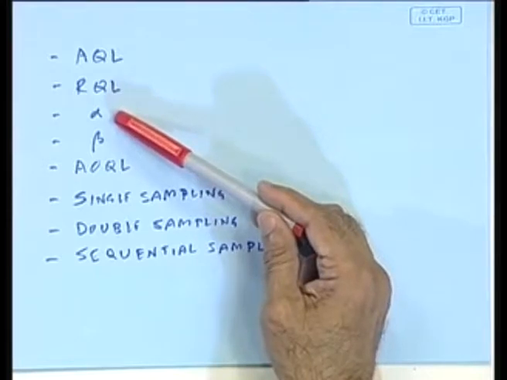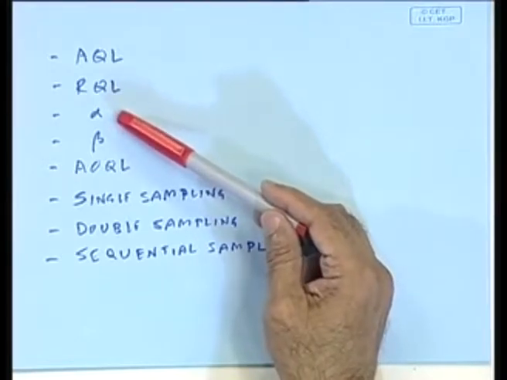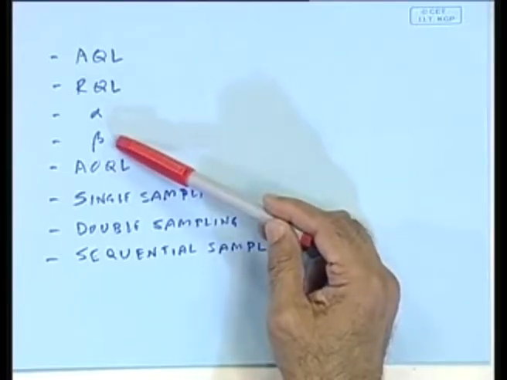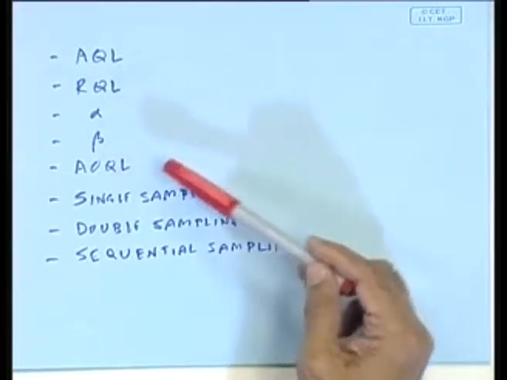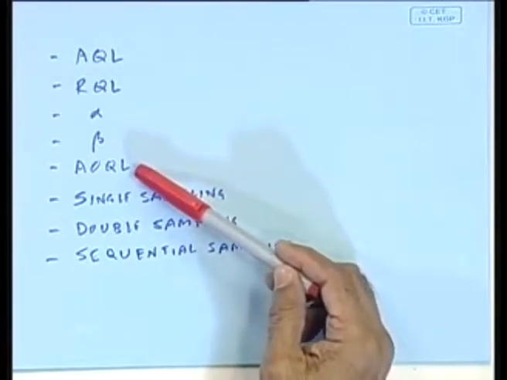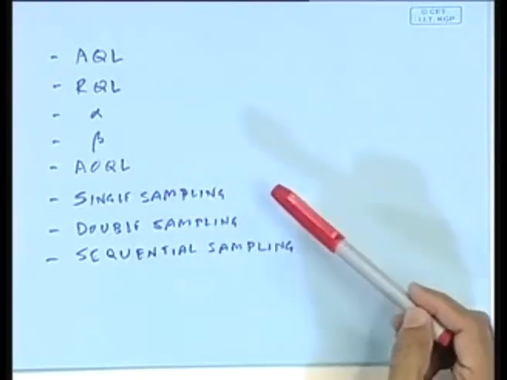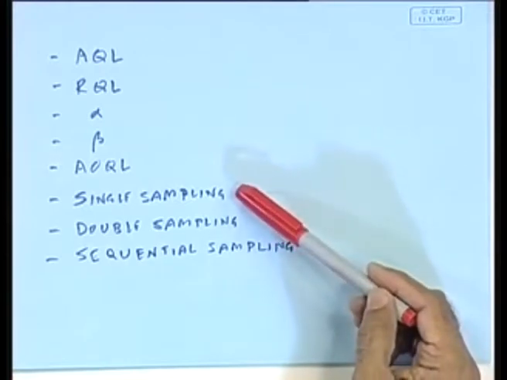Alpha is actually the risk for the producer. And then we looked at something called beta. Beta is the risk of the consumer. We looked at something called AOQL, which is the worst quality level that any kind of sampling plan will deliver to the user. And then we looked at a couple of procedures.